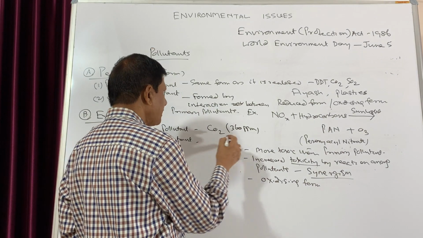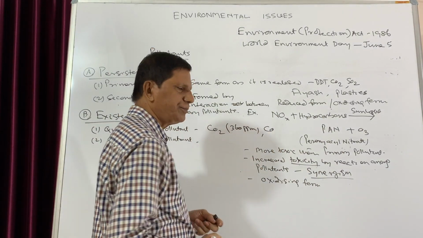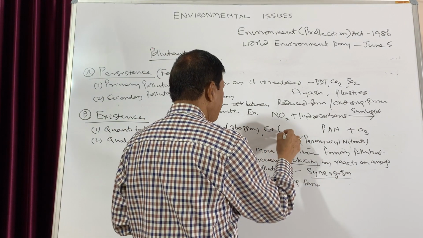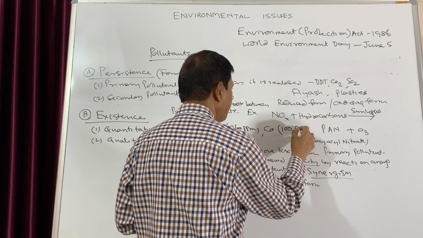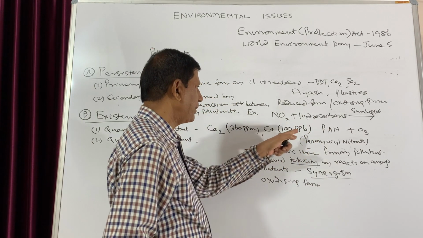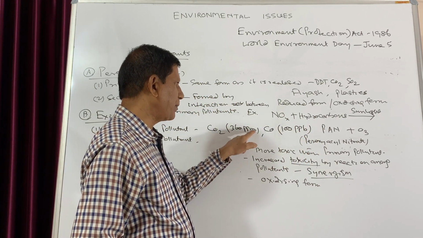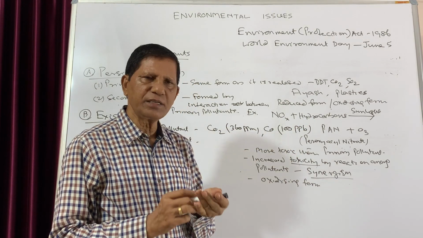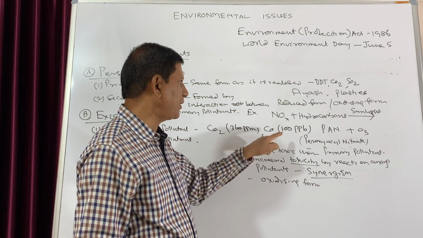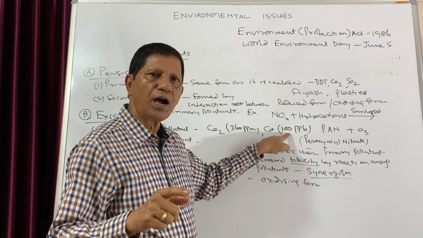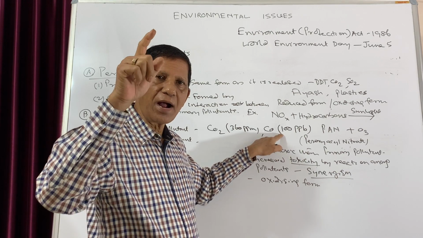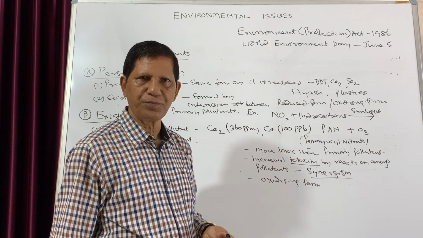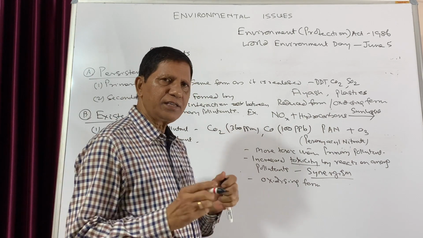Similarly, if you take the case of carbon monoxide, it is present in the atmosphere at 100 ppb. You see, this is ppm, parts per million, but this is ppb, parts per billion. That means it is present only in traces, only 100 molecules of carbon monoxide in 1 billion air molecules. It is so rare, and it's not harmful.